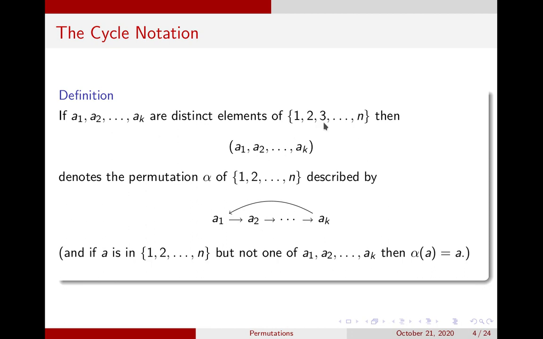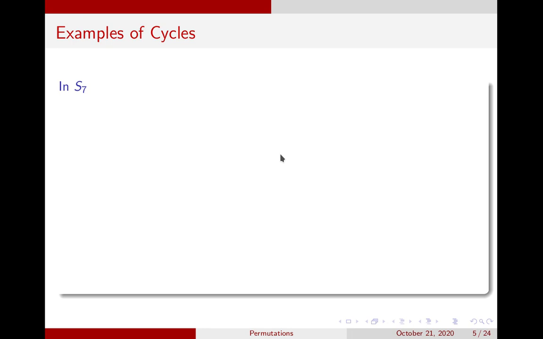And any number between 1 and n not appearing here is sent to itself. This is called a cycle of length k. So let's work in S7 for a little bit. These are permutations of the integers 1 through 7.